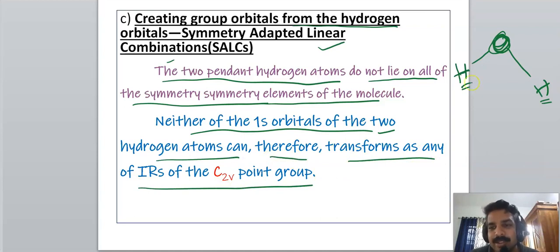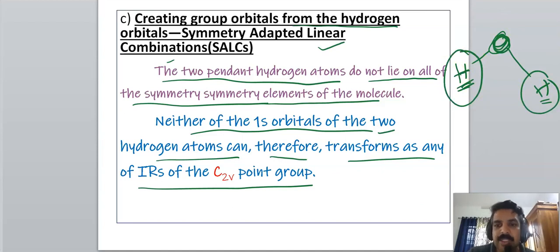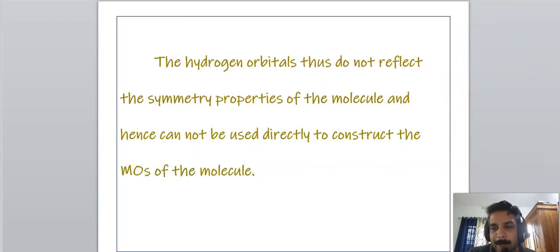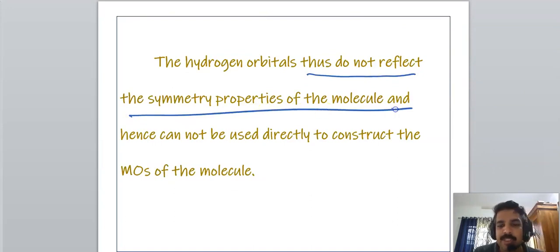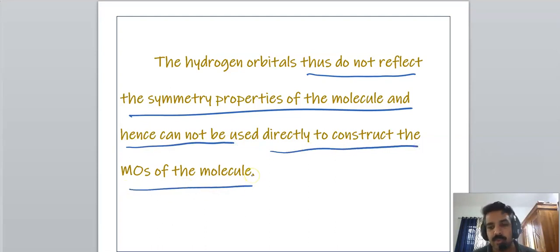That is, in the case of this hydrogen, all the symmetry elements do not pass through this hydrogen and this hydrogen. So they do not belong to any of the IRs of the C2V point group. The hydrogen orbitals thus do not reflect the symmetry properties of the molecule and hence cannot be used directly for the construction of MOs of the molecule.